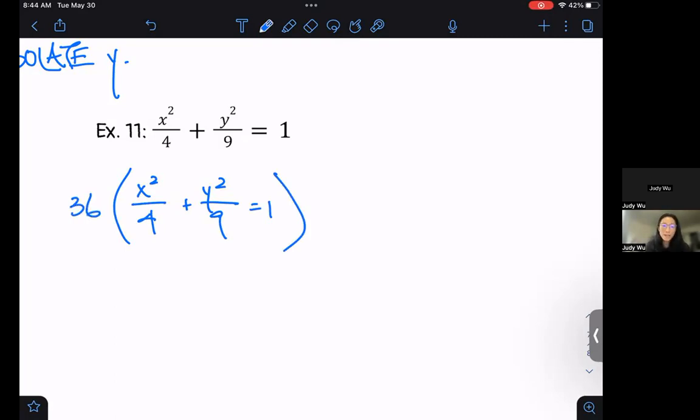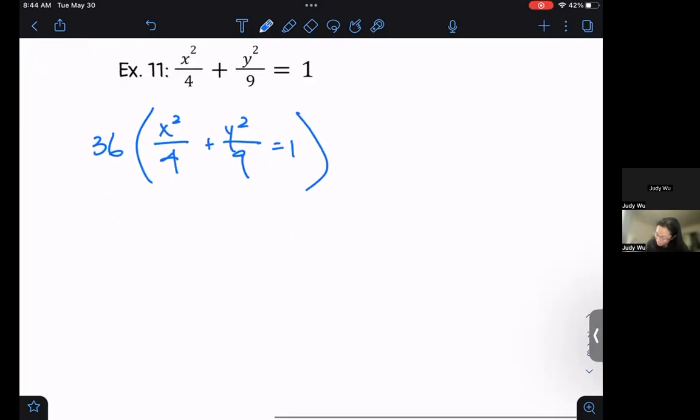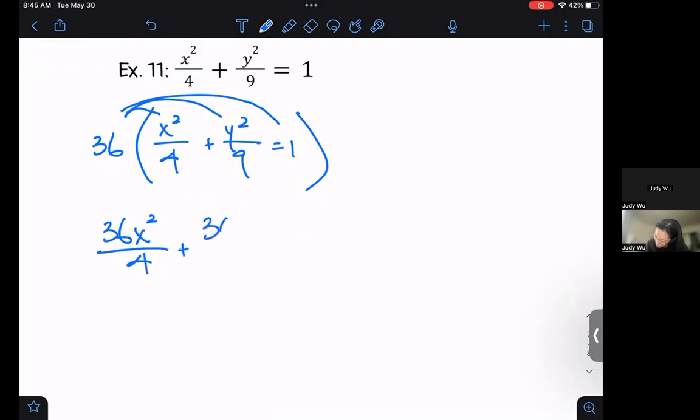And let's see why I chose 36. I'm going to distribute: 36x squared over 4 plus 36y squared over 9 equals 36.